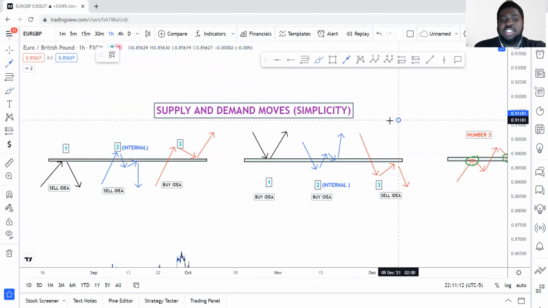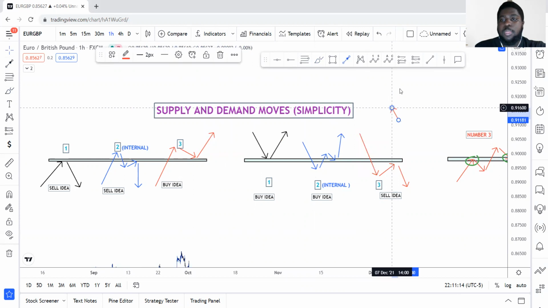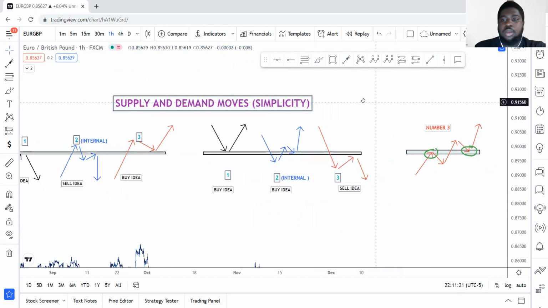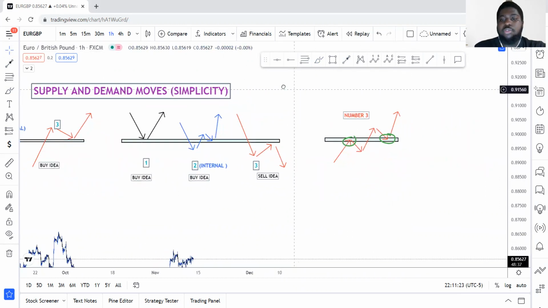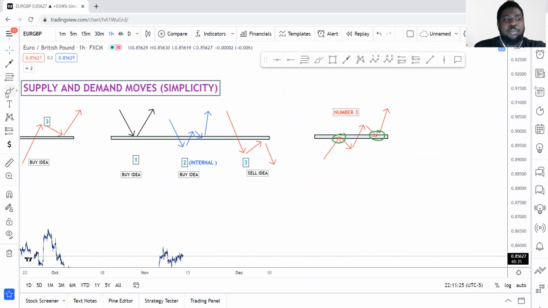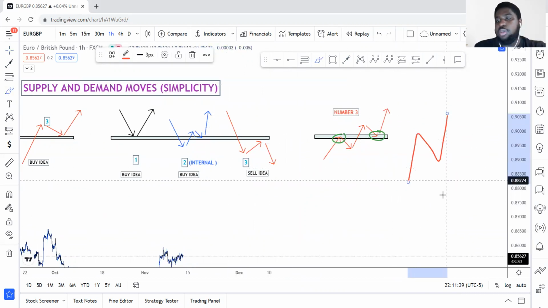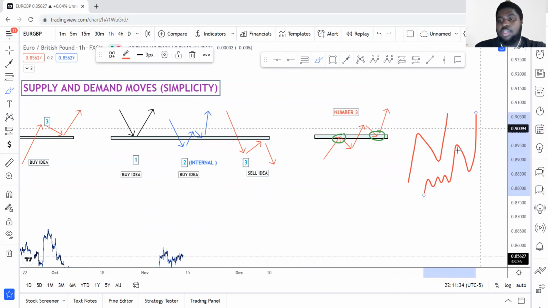So just to expound a little bit more on number three, right? Once again, price is not a straight line. It's not going to just be like this, right? We're going to have moves doing this, but it could have something like that.